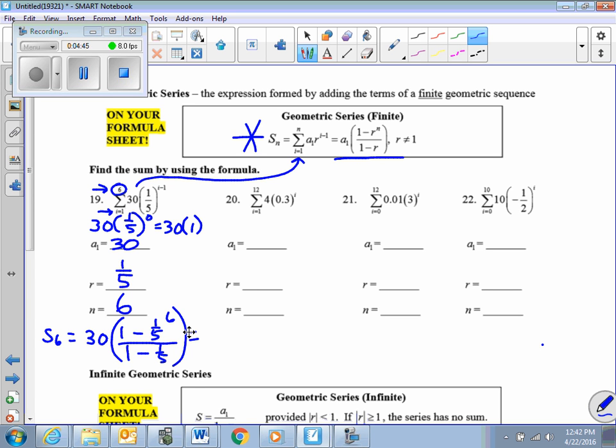What I get is 23,436 over 625. If you happen to get a decimal, it comes out to be 37.4976. Do remember, since I have given you r as a fraction, 1/5, I would want your answer to be a fraction also.